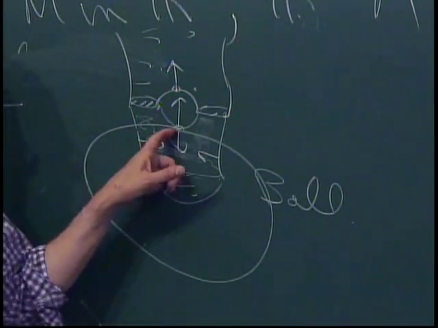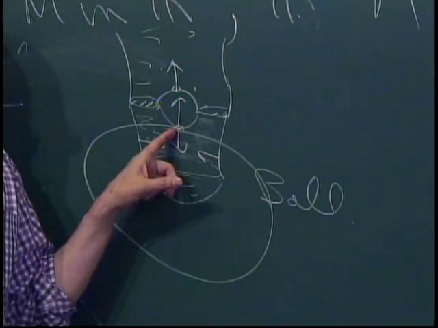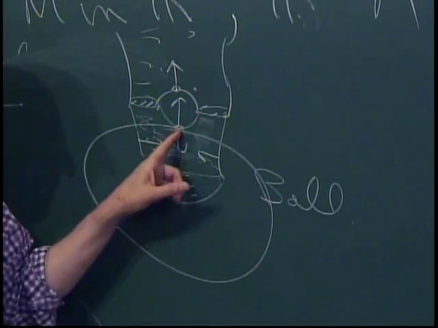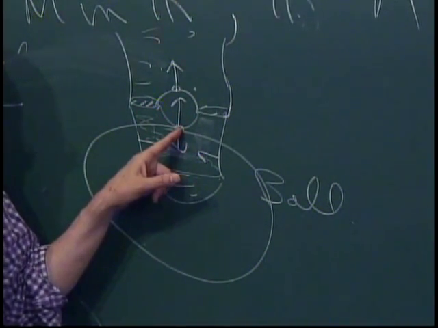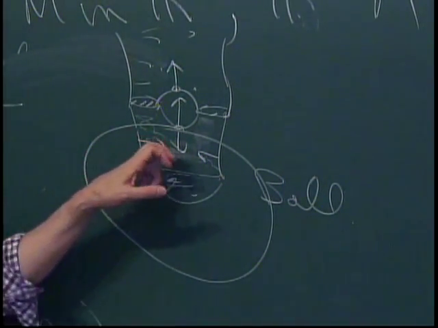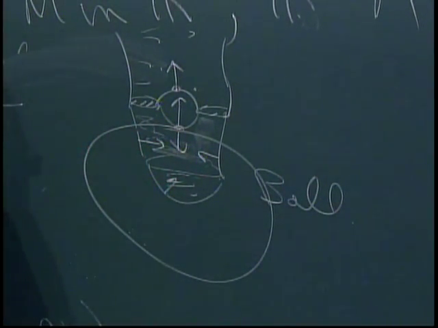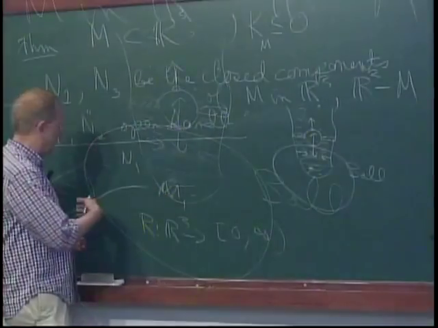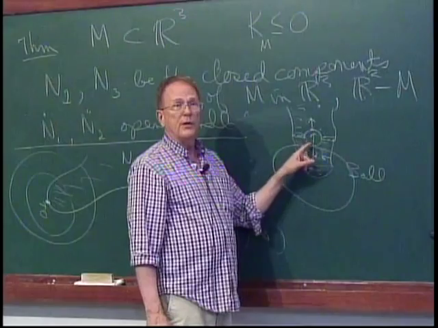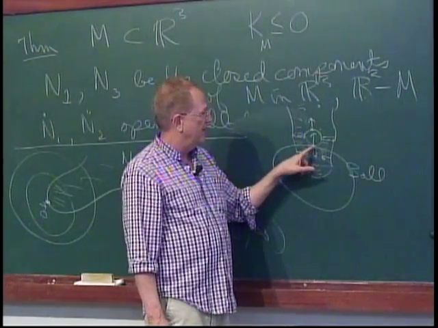So this is an analysis of what happens at an index 1 critical point on the surface. There's an index 1 critical point for this Morse function. Think of it as a Morse function. Translate the surface so it's in general position with respect to this function. So for index 1 critical points, we understand exactly what happens.